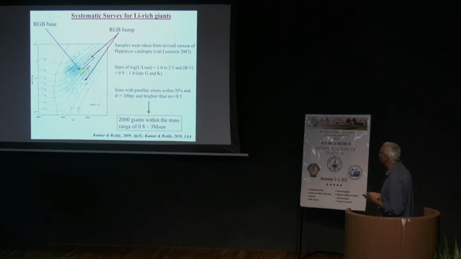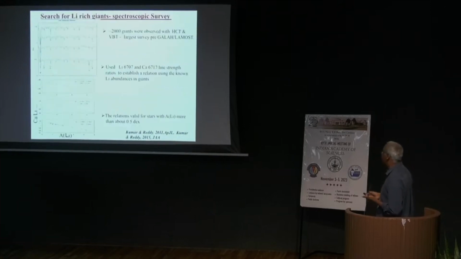So we chose some 2,000 stars spanning from the bottom of this evolution, like the first dredge-up, all the way up, and looked at the number of stars here. This is a technique we used for the first time, since at that time there were no surveys.